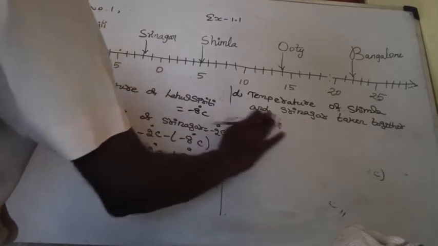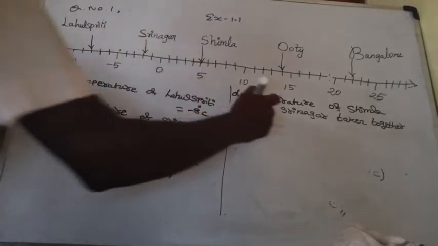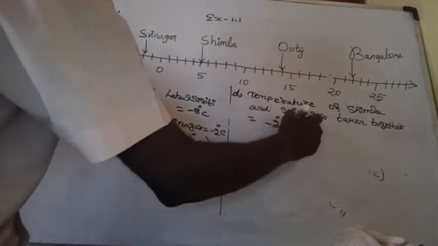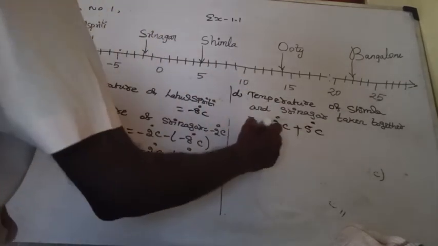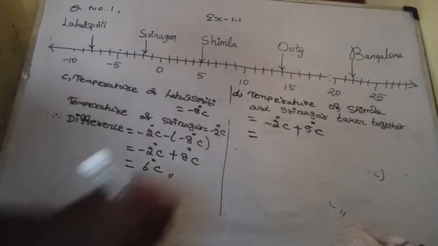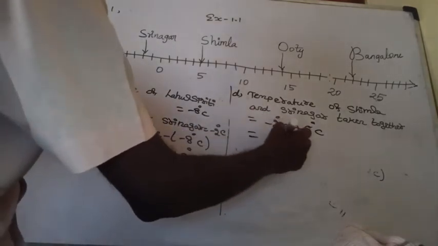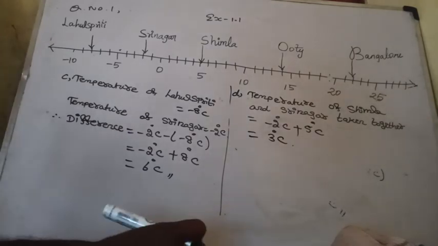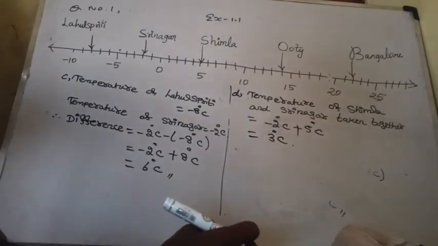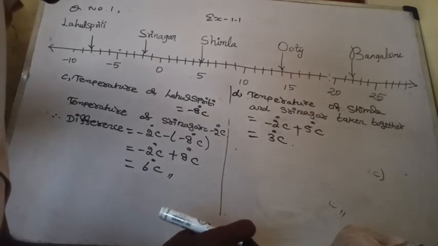Otherwise first you tell Srinagar. Temperature of Srinagar minus 2 degrees Celsius plus Simla 5 degrees Celsius. So minus 2 plus 5 is how much? 3 degrees Celsius. Now they ask you to compare with which one?